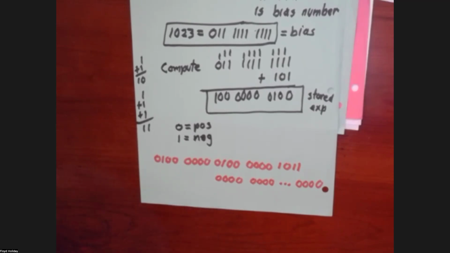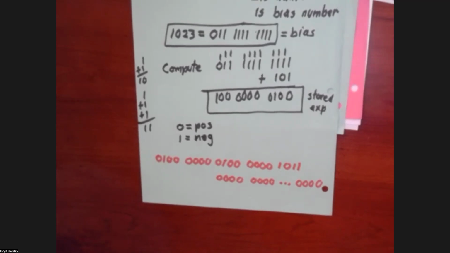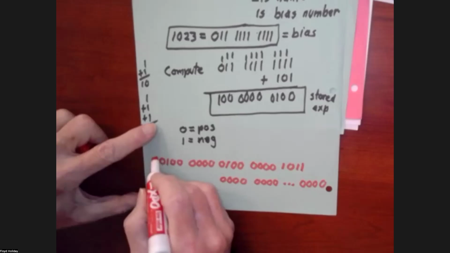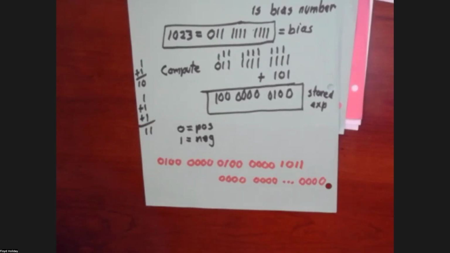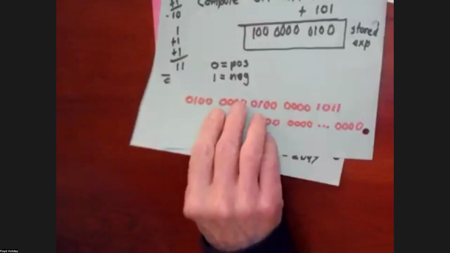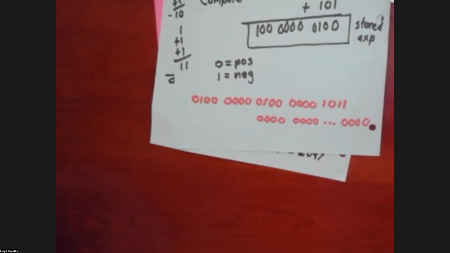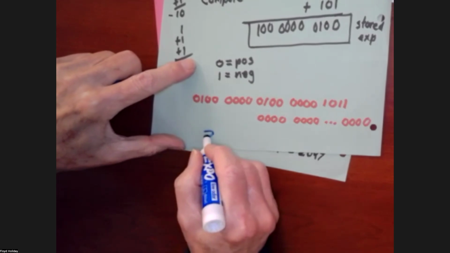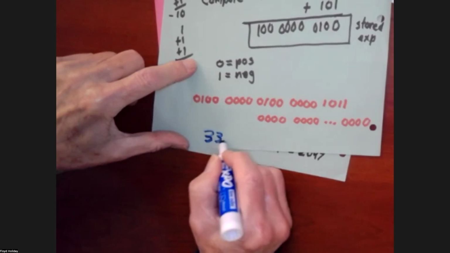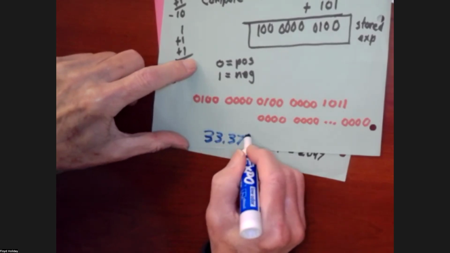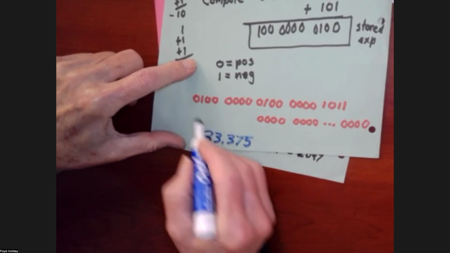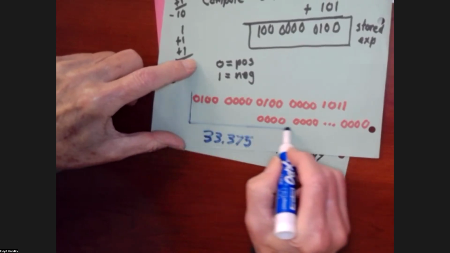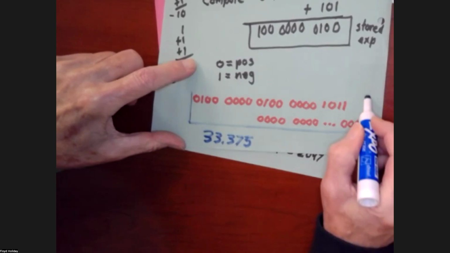Okay, that's the IEEE floating point number representing our number, 33.375.